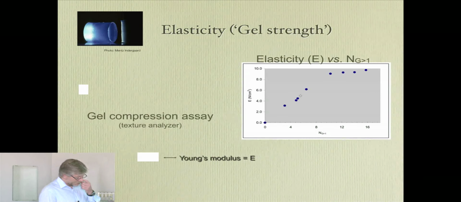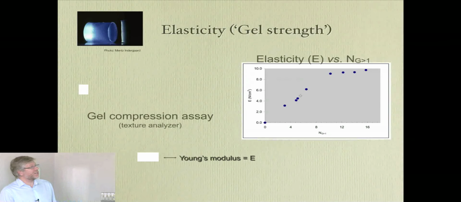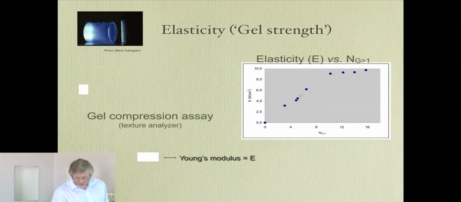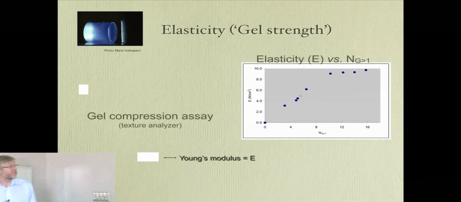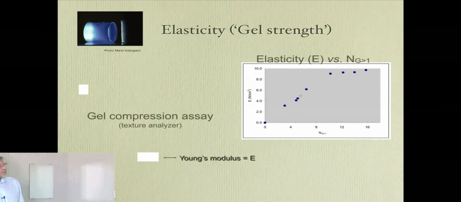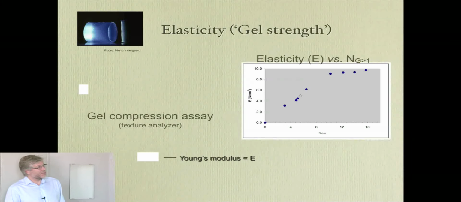And one of the important results is a study where we studied different G-block lengths and tested the elasticity. And this is a very famous figure showing that as the G-blocks get longer, the elasticity of the alginate gel becomes higher. Here, for instance, 0 G-blocks, no gel strength.